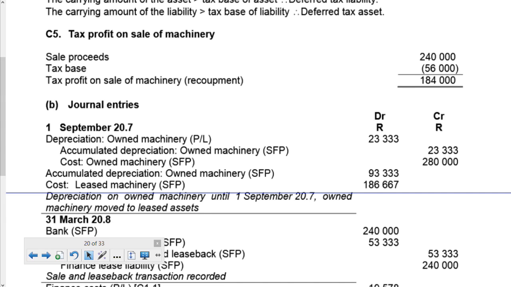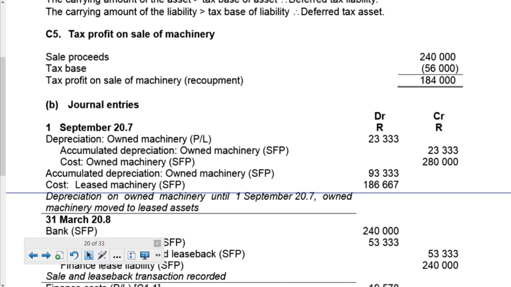Okay, you'll see the very first journal they do is the reclass journal, to reclassify machinery from owned to leased. So cost and ACDEP comes out and it goes into leased at 186,667. They also put depreciation in to get us to that point. We could have done 2 entries. First depreciate to get us to that date, then transfer.